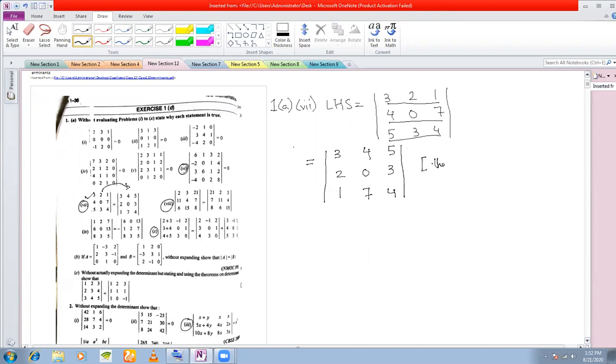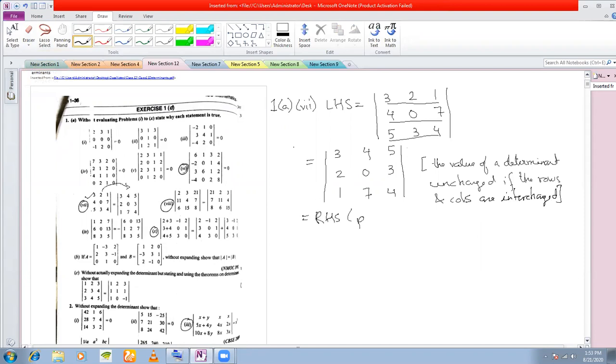The value of a determinant remains unchanged if the rows and columns are interchanged. We write in short: the rows and columns are interchanged. This is the property that we are using. So this is proof, which is equal to RHS. Proved.